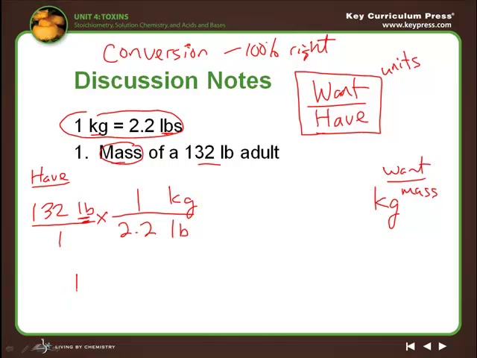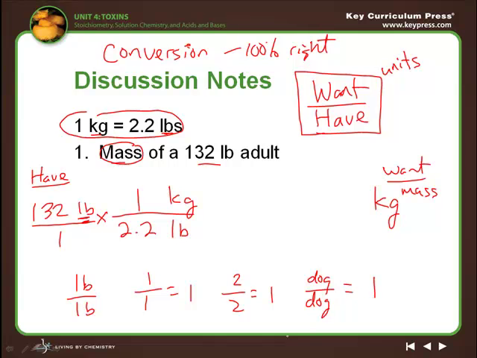If you have pounds on top and pounds on the bottom, what happens to the units? If you have 1 on top and 1 on bottom, what does that equal? 1. If you have 2 on top, 2 on bottom, what does that equal? If you have a dog on top and a dog on bottom, what does that equal? 1.